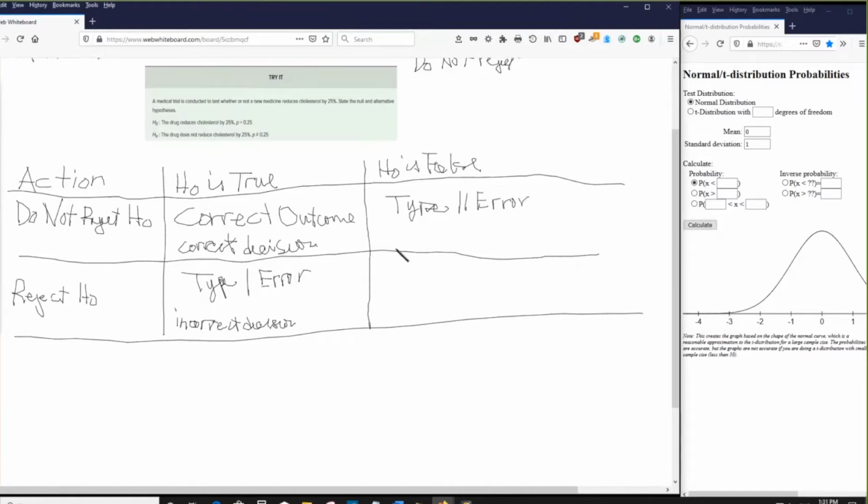And this would also be an incorrect decision. If I choose to reject the null hypothesis and the null hypothesis is actually false, then once again, I have the correct outcome and I've made the correct decision.